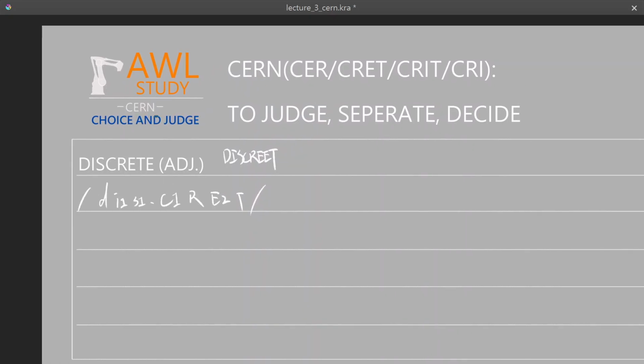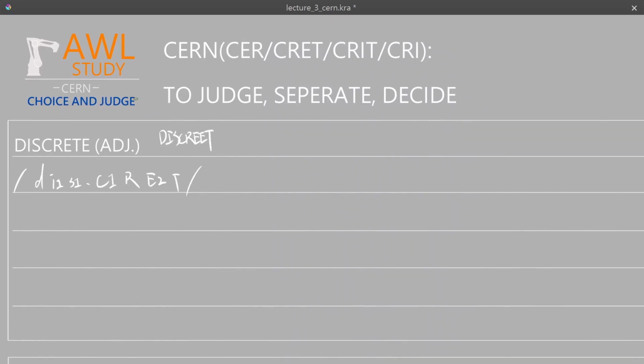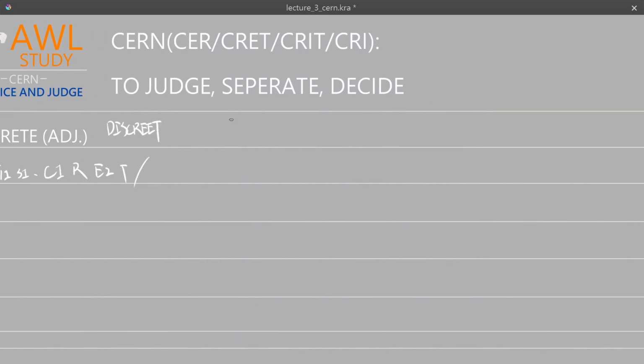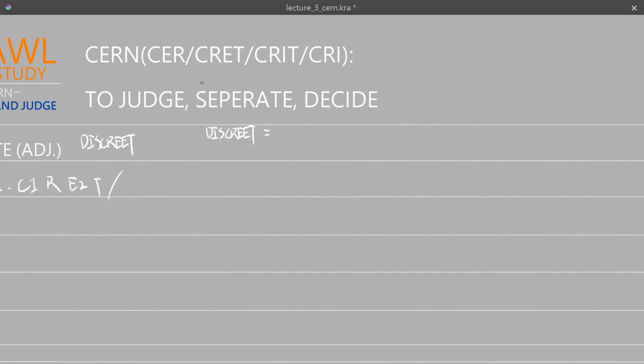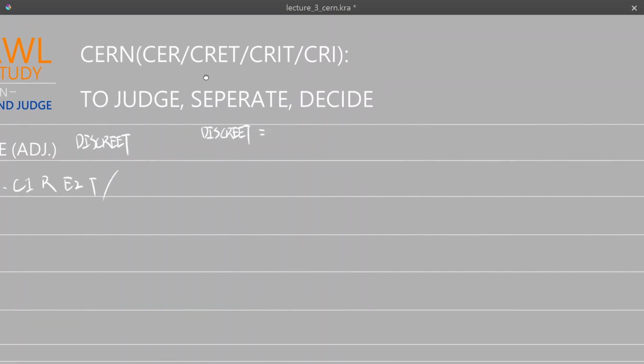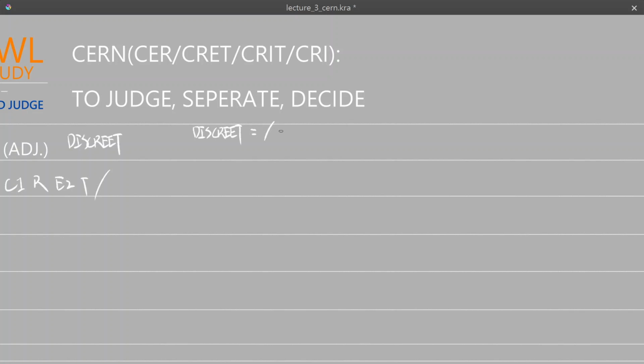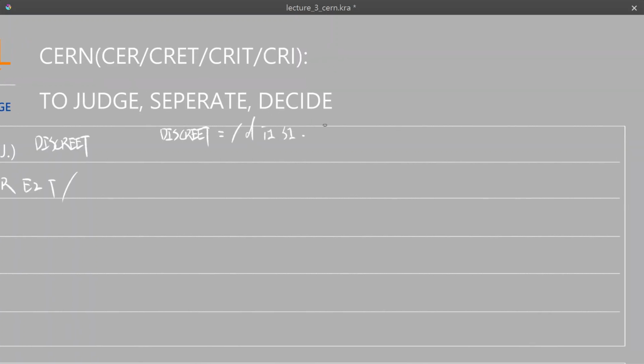So let me clarify how to differentiate the spelling of these two words. The first one is one we've already studied, is creed. This one, that's the power of phonogram. So we have this creed.